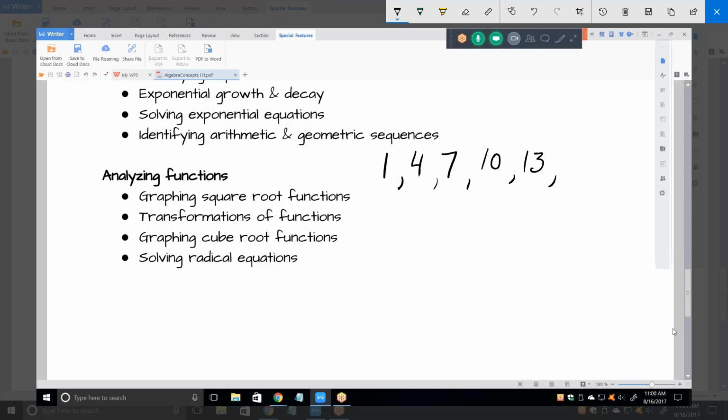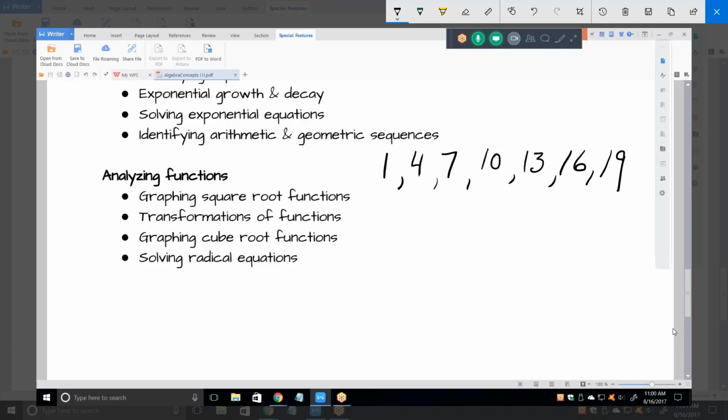What's the next term? 16. So what makes this an arithmetic sequence? You're adding 3. There's a common number that is added to each term. In this case, that is 3. Yeah. It could be 4.